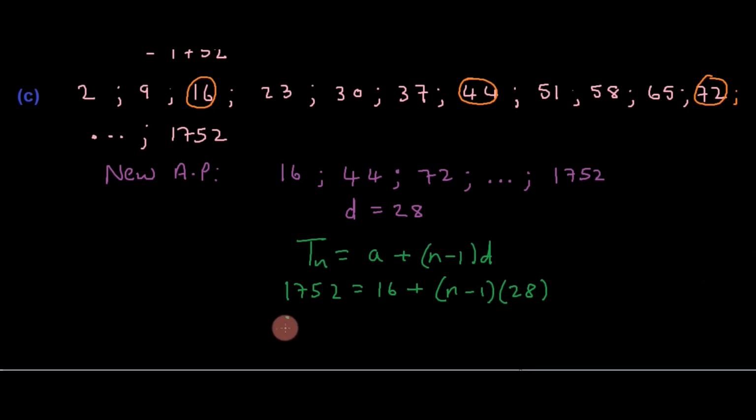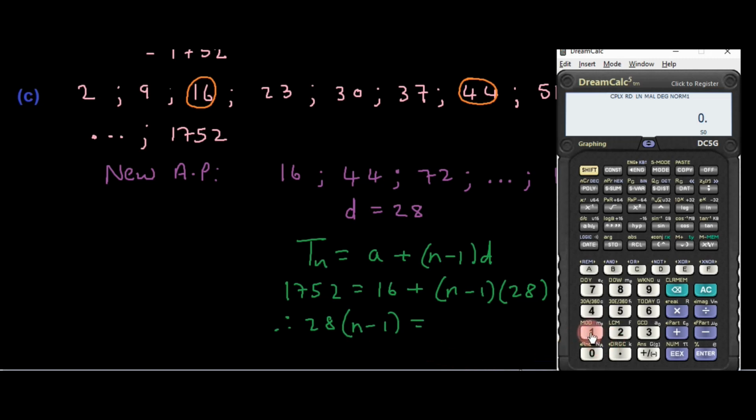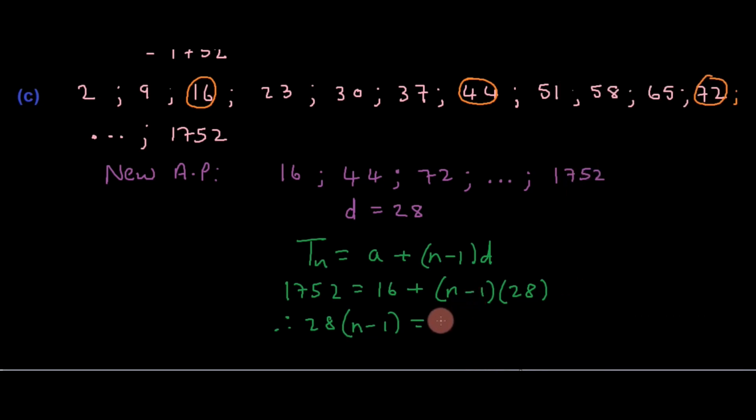We can solve for n. 1752 minus 16 is 1736. And now solving for n, so n minus 1 will be 1736 divided by 28.